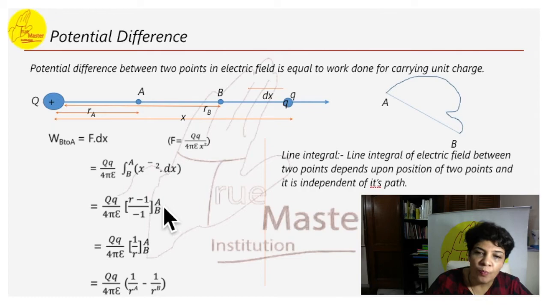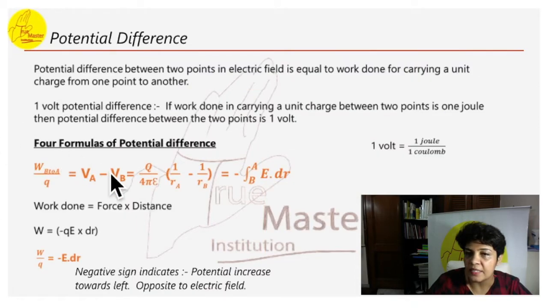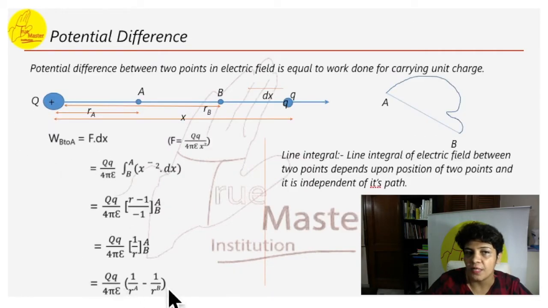Then we open this up, and the upper limit comes first, so it's going to be 1 by Ra minus 1 by Rb. So this is the potential difference formula. We have also derived other formulas for potential difference, and you have to note all of them down. So this is potential A minus B. Then this is the work done formula that we have just derived, and this is the other part of the formula that we have derived.